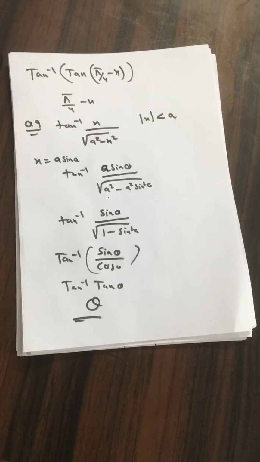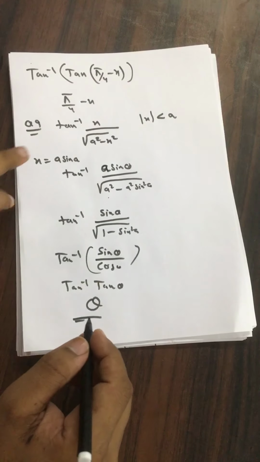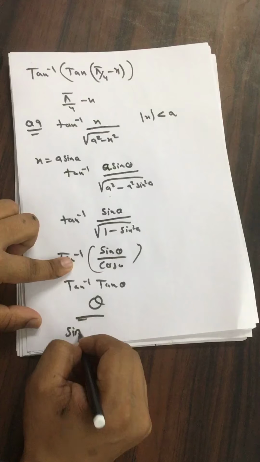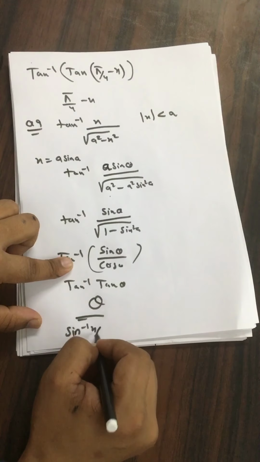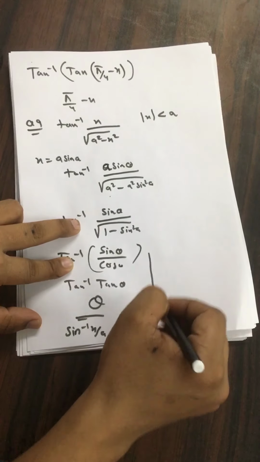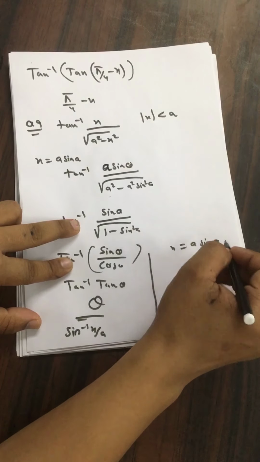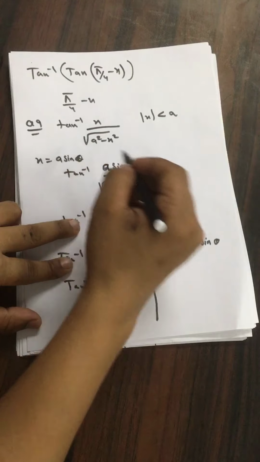That's it. And what was theta? Tell me now. We have supposed in this question. So once you suppose, what happens? Theta will be sine inverse x upon a. How does this come? See, x equals a sine theta.